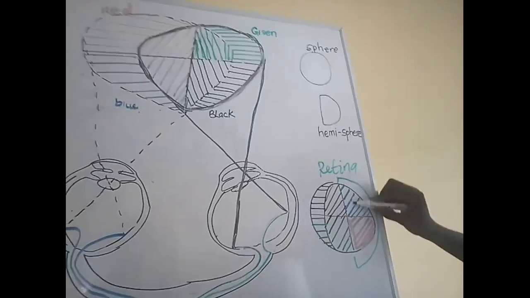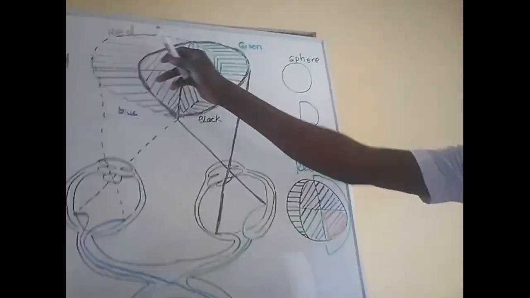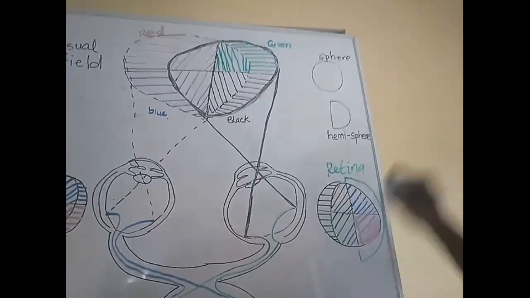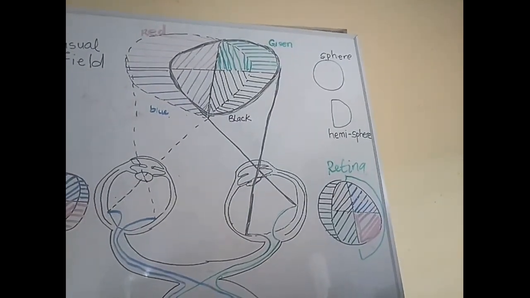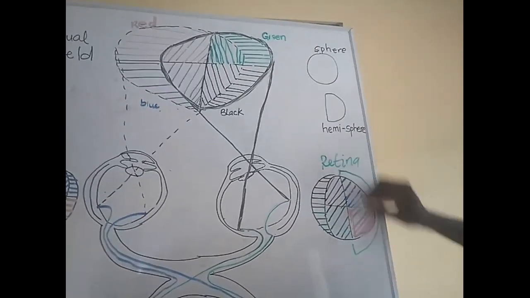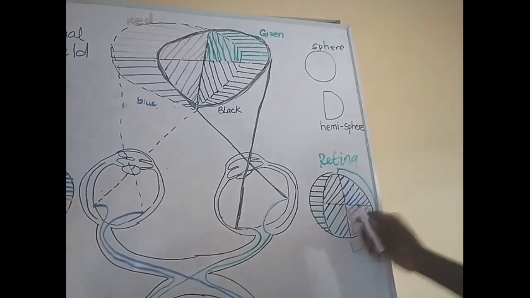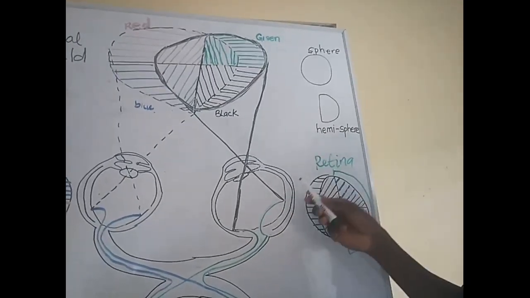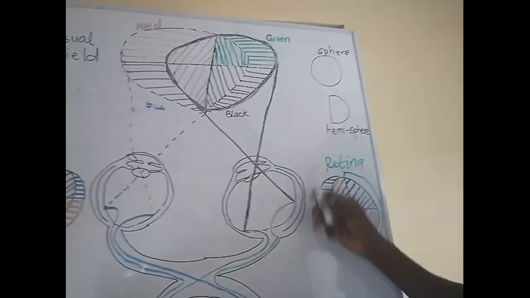So that is what we see here. And then the upper quadrant of the visual field is perceived at the lower part of the retina. That is what we see here. And this is the visual field captured by the temporal half of the retina of the right eyeball.